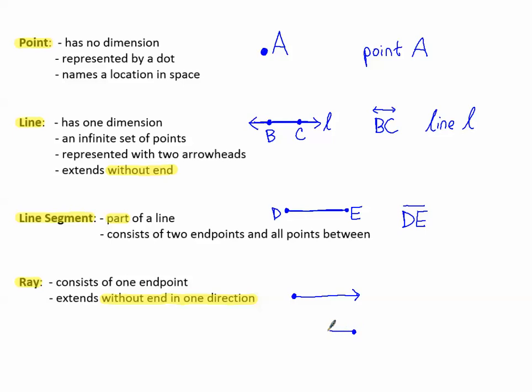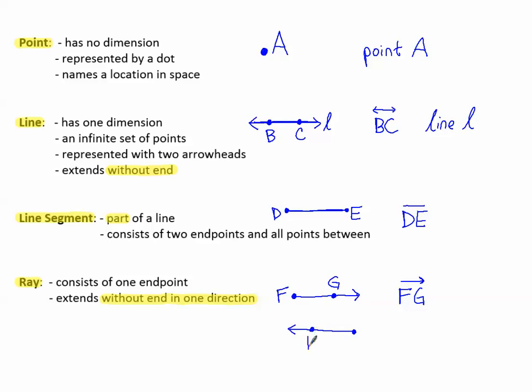The endpoint could be on this side, arrowhead on this side. If I'm naming the ray, I name it with its endpoint and another point that's on the ray. So if I name the endpoint F and the other point on the ray G, I would name it ray FG with the ray hat like that.